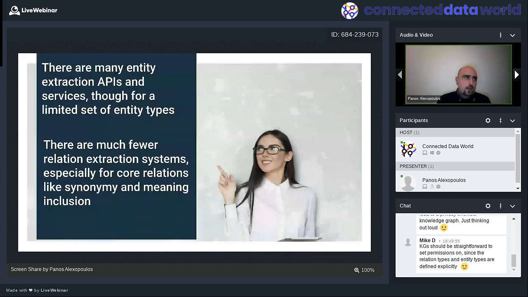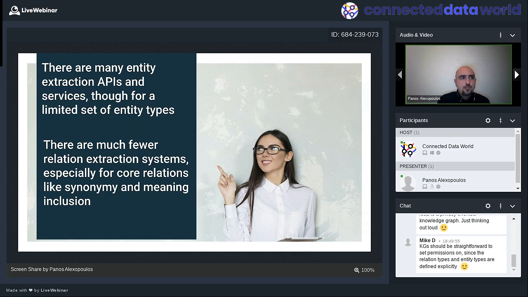Now, from my experience, and please, if anyone in the audience has more knowledge about that, let us know, there are many entity extraction APIs and services out there which work relatively well, but for a limited set of entity types. So more than 90% of these tools are able to identify persons, locations, and perhaps organizations.